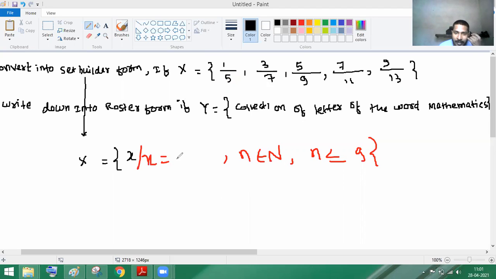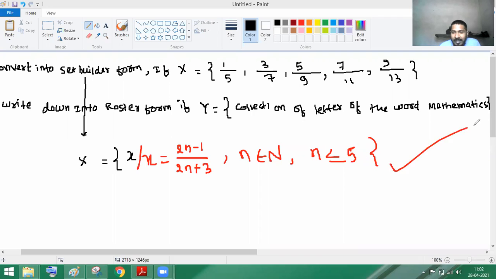Now the second type of sequence. Has anyone written something else in set builder form? Riya raised her hand, let Riya speak. Sir, x is such that x is equal to 2n minus 1 upon 2n plus 3, where n is a natural number and n is less than or equal to 5.